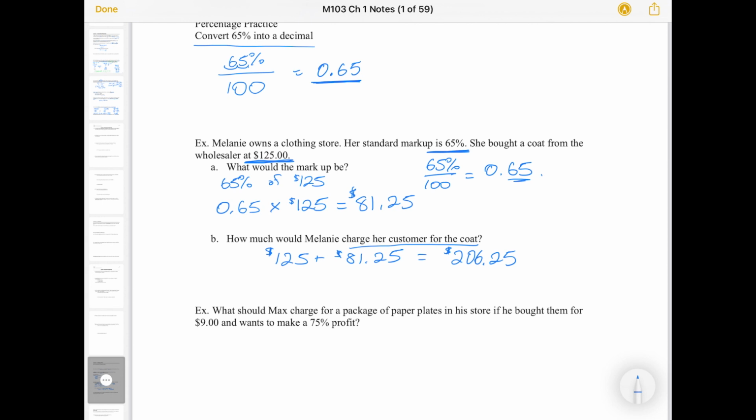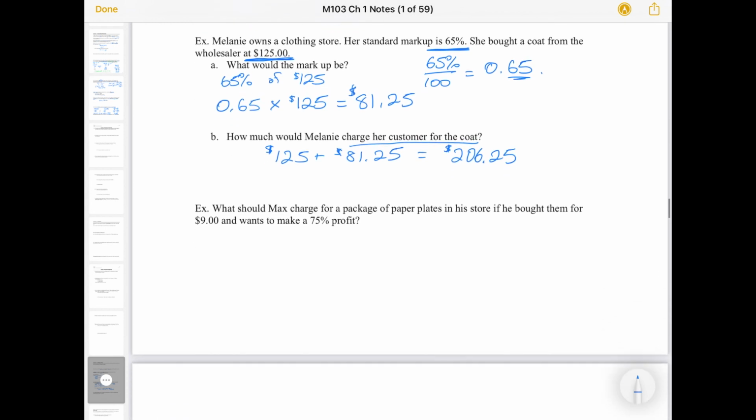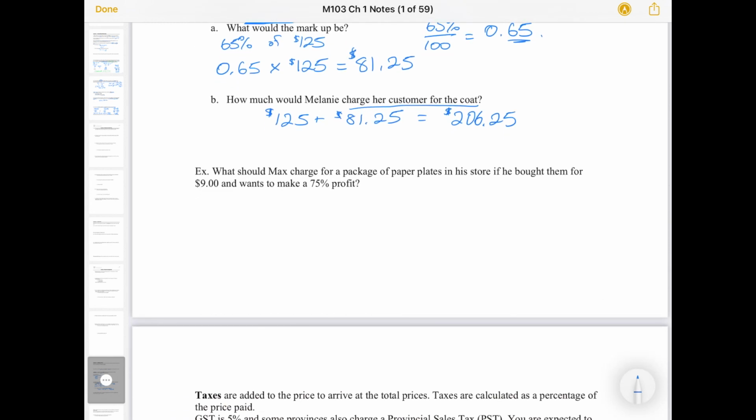Right, so that's dealing with some large numbers in percents. Our next example is dealing with smaller numbers in percents, but it's the exact same process. All right, so what should Max charge for a package of paper plates in his store if he bought them for $9 and wants to make 75% profit? So his markup needs to be 75%.